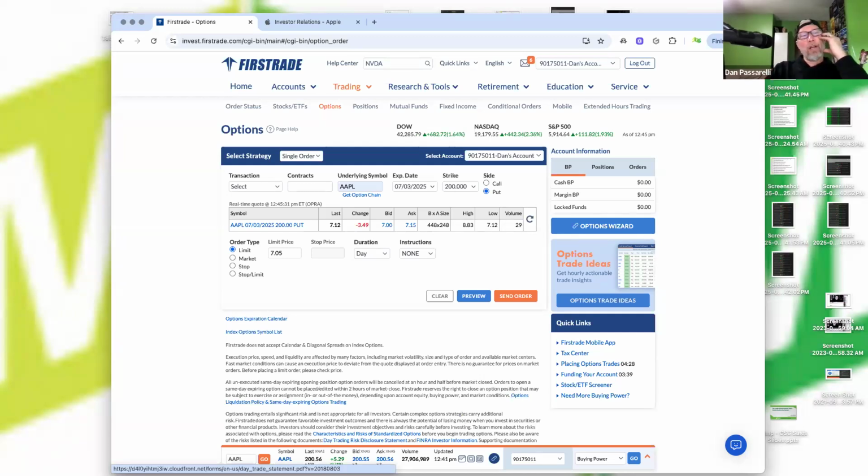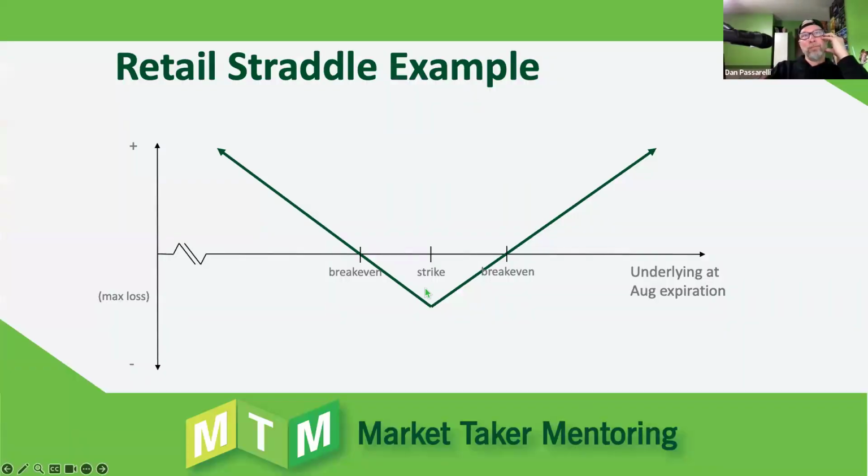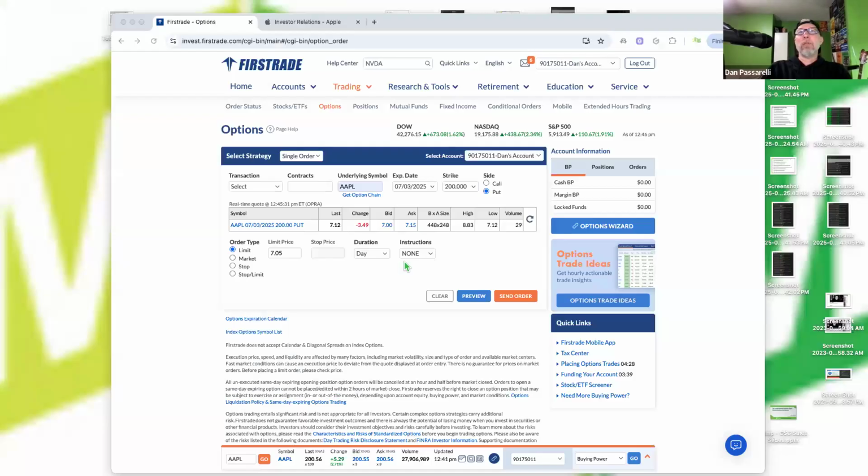So that means if we go back to our straddles, and we're thinking about this as a retail trader, which we are, when I say that strike was 200, right? So the shorter term one, oh geez, you know what? I forgot the numbers. I should write them down.